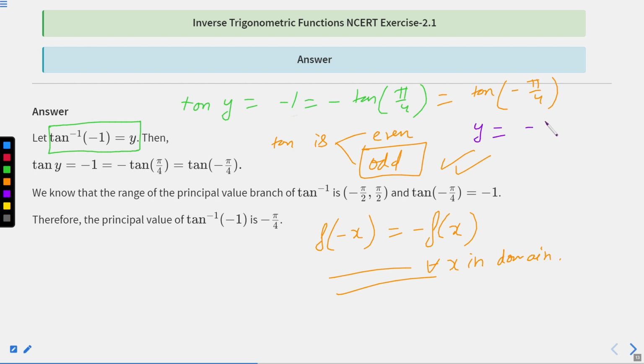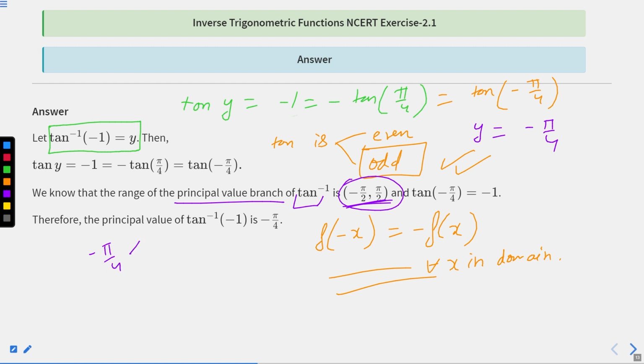Now it's time to verify that this y belongs to the principal value branch, which for the tan inverse function is the open interval minus pi by 2 to pi by 2. Does minus pi by 4 belong to this open interval? Yes, minus pi by 4 is less than pi by 2.